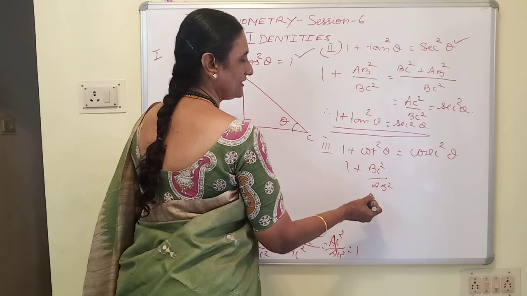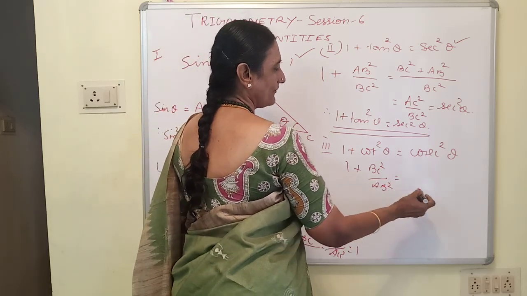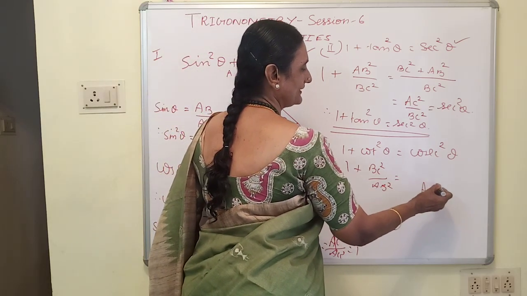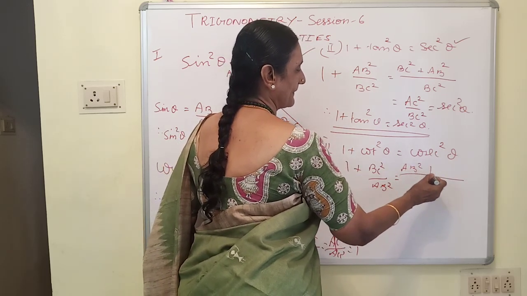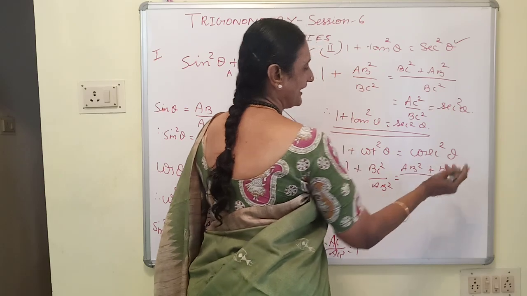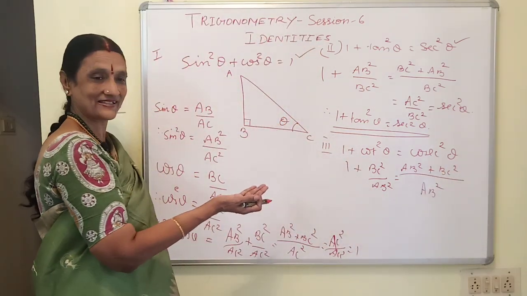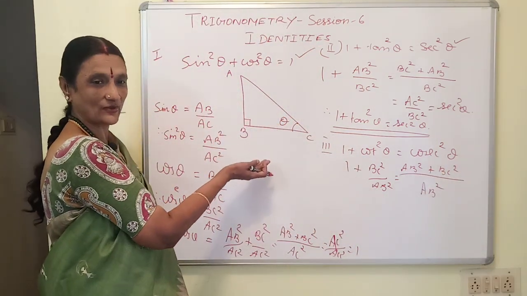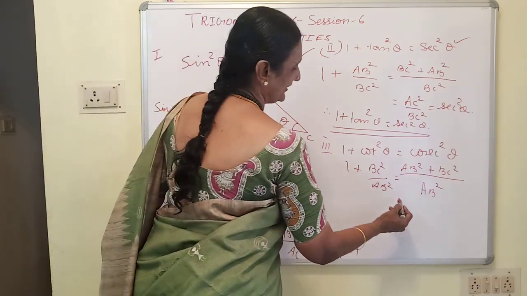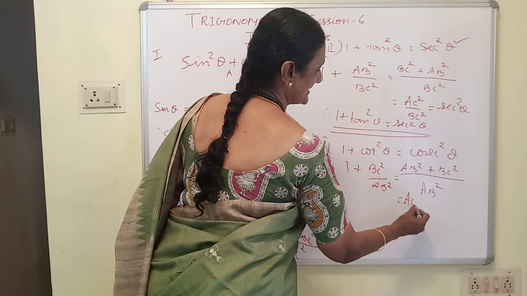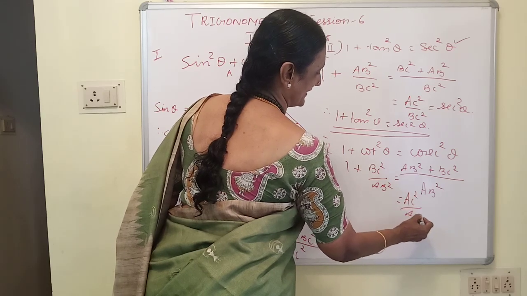Now tell me, if you simplify this, what do you get? AB square for the denominator, and the numerator is AB square plus BC square. Now I don't have to say that AB square plus BC square is AC square. Therefore, you get this value as AC square by AB square.